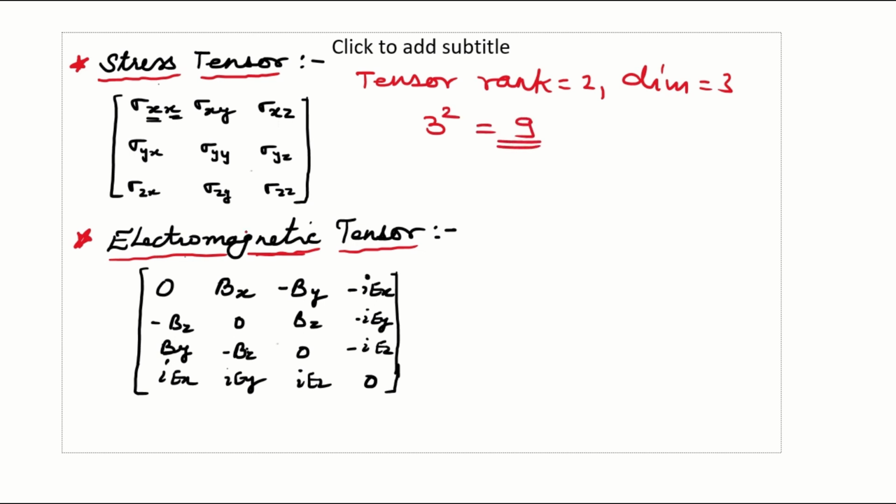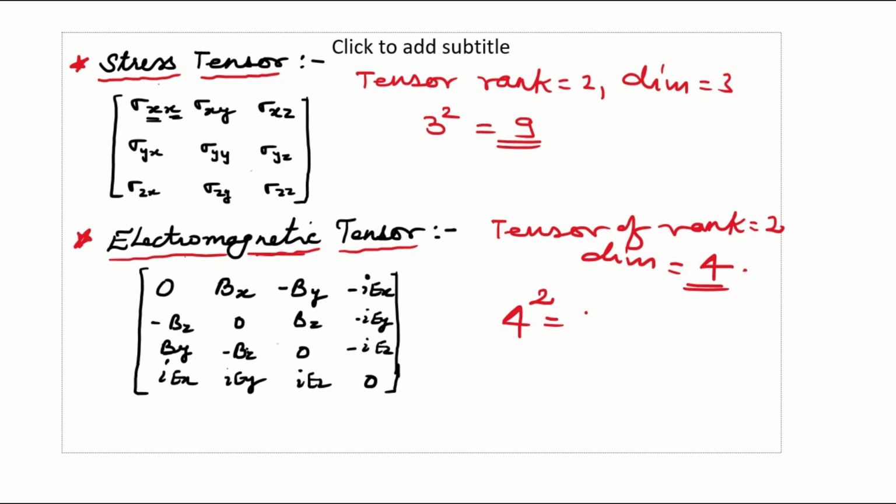And the electromagnetic tensor is an example of a tensor of rank 2 but dimension 4. For the electromagnetic tensor, how many dimensions do we have? 4. So the number of components will be 4 squared, that is 16. That's why a 4 by 4 matrix is considered.